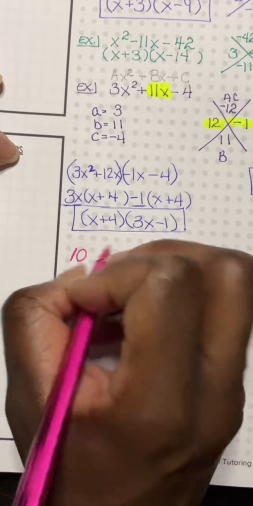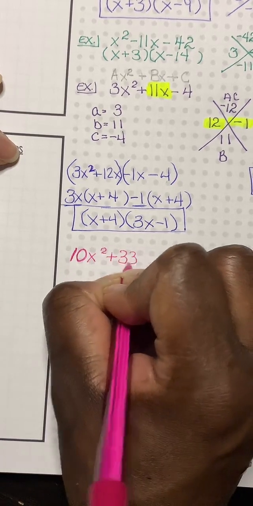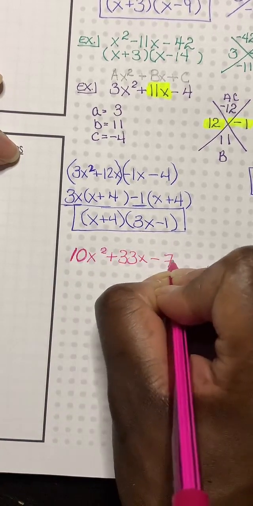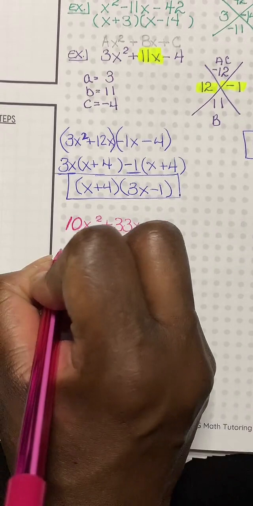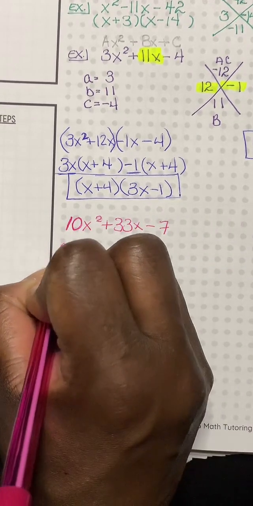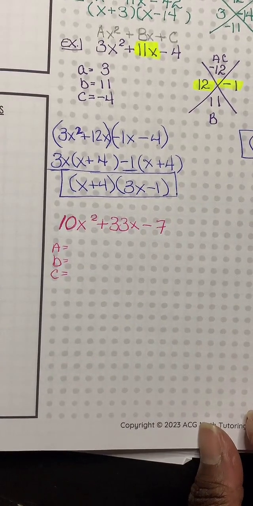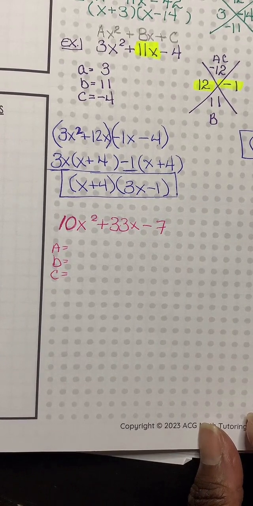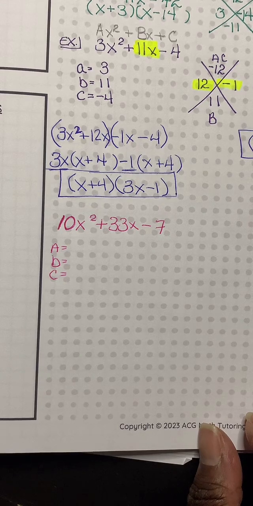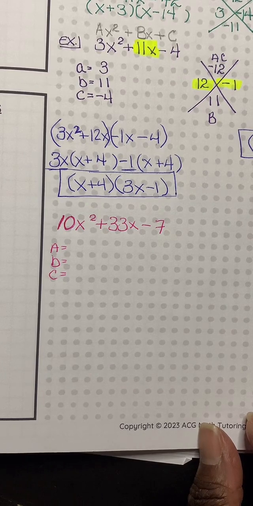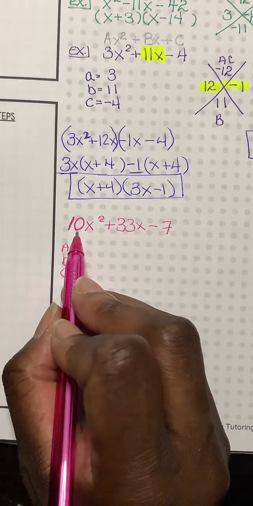All right, so 10x squared plus 33x minus 7. The first thing you should do is list what represents your A, what represents your B, what represents your C. My A is going to be what's in front of the x squared.